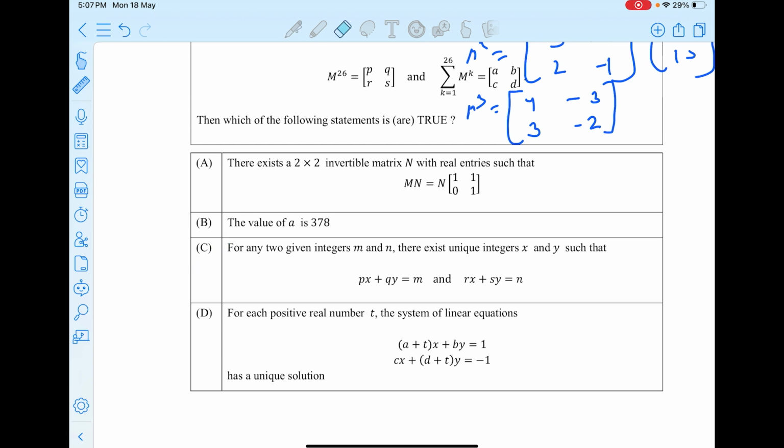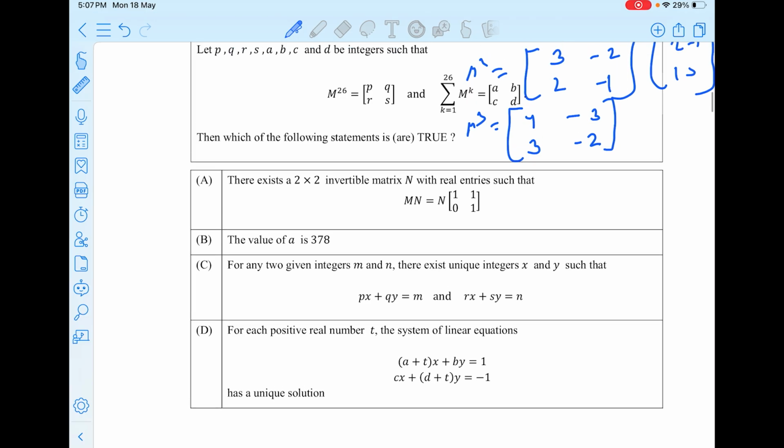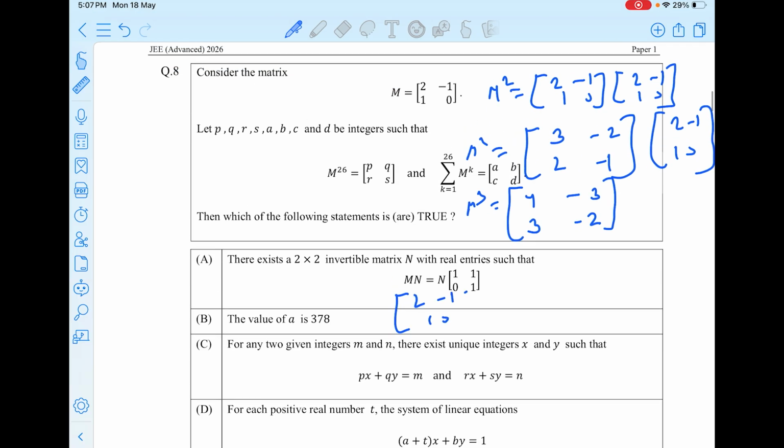Okay, so you can write: there exists a 2 by 2 invertible matrix such that... So just take one invertible matrix of the form A B C D, and then you can solve option A. For example, like N, you can take M, they are given 2 minus 1 1 0, and you can take some A B C D they have already given, so you can take some x y z w equal to x y z w times 1 1 0.